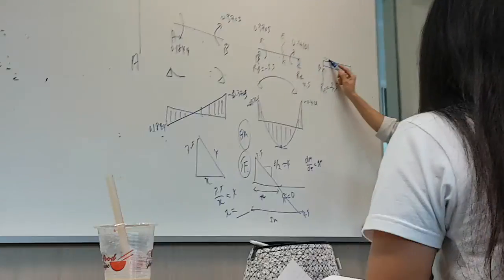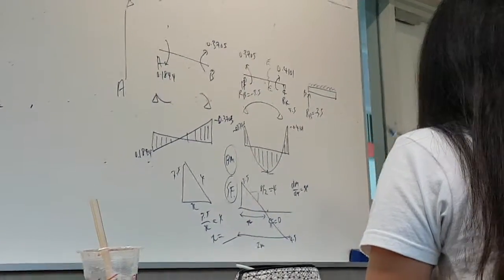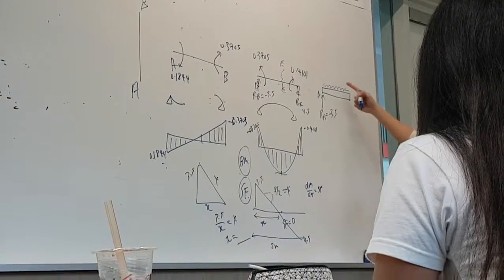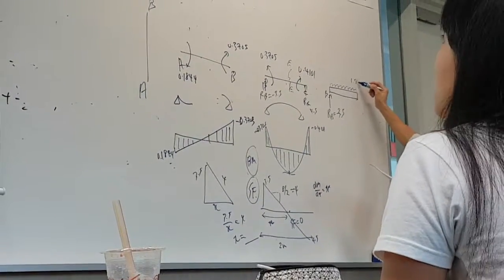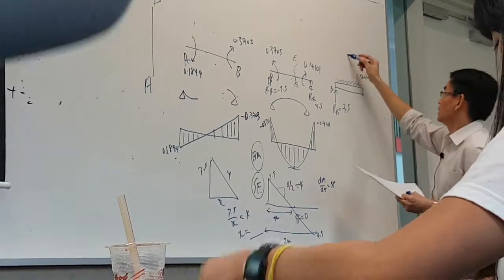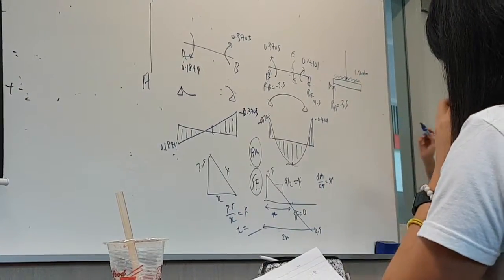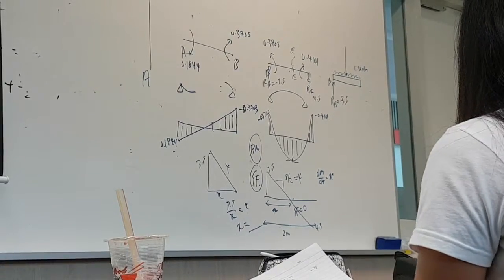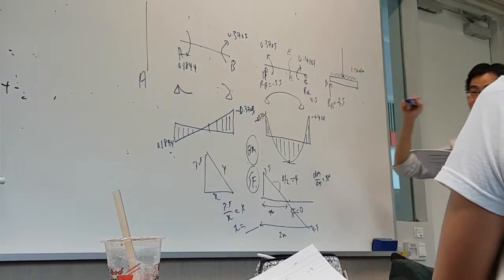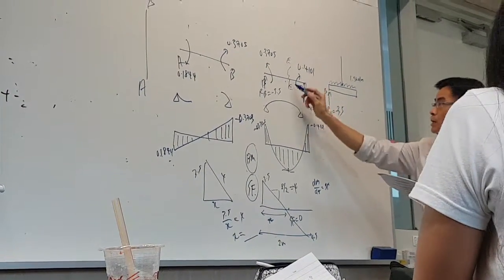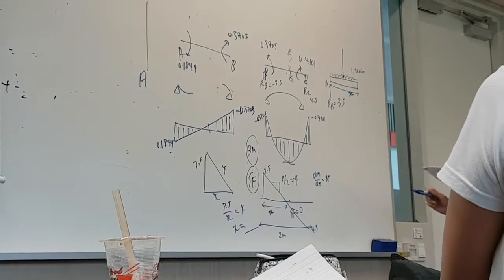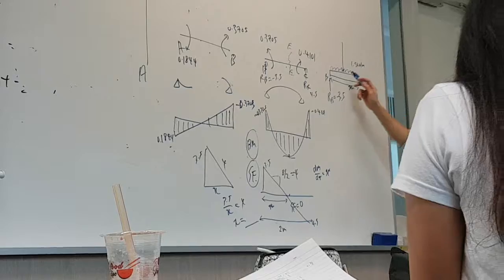Because over here there's a uniformly distributed load, remember, you can replace this uniformly distributed load by a point load. This uniformly distributed load is 1.5 kilonewton per meter. If you replace it with a point load, what is this point load going to be? When you do a cut here, this is going to be x. So what is the point load that you should replace with?